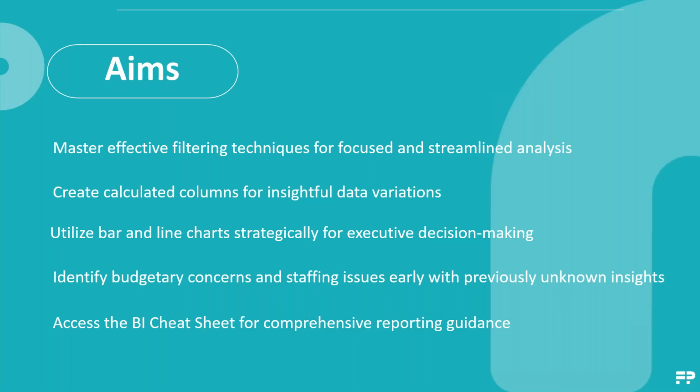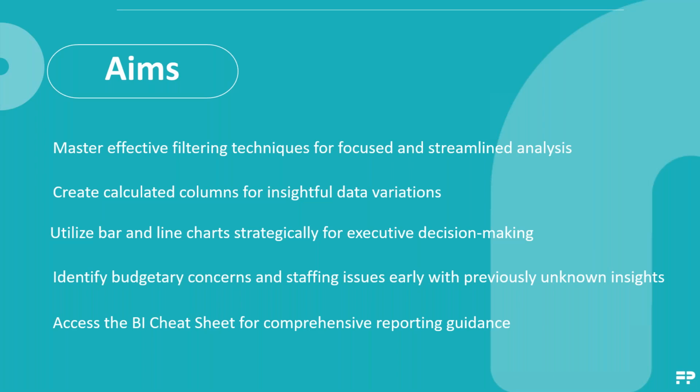So just wanted to look at what we're aiming to show today. As listed in the information on this slide, we're looking at the different filtering techniques that you can have within FunctionPoint to look at the data and to streamline the reports.